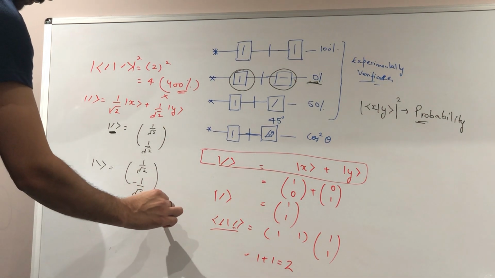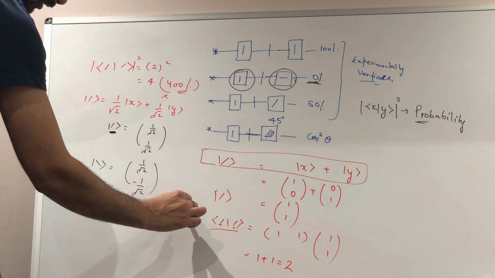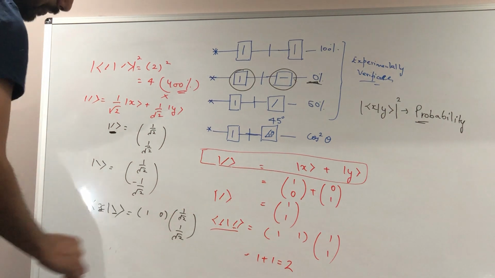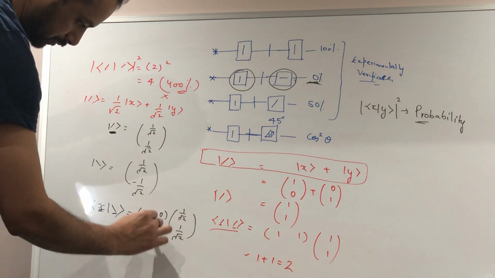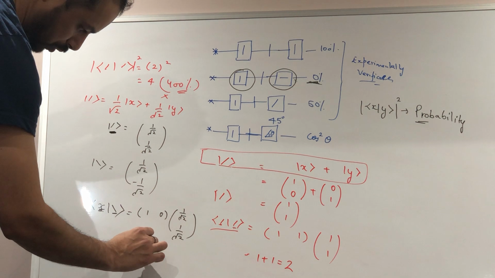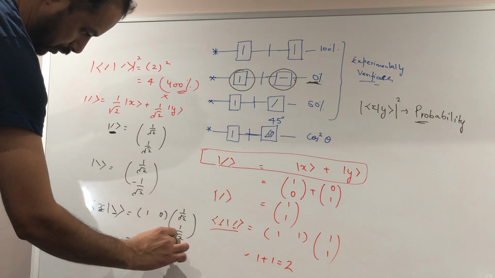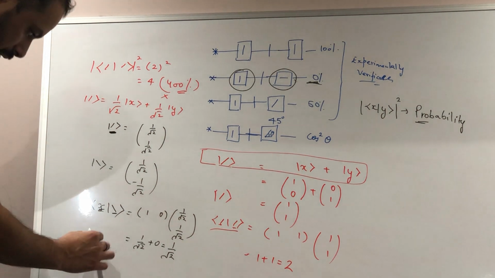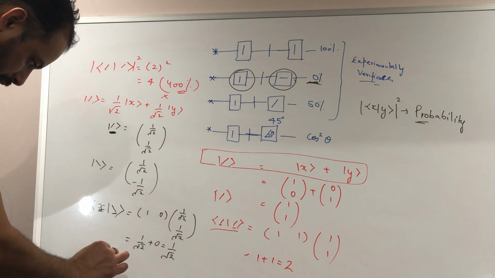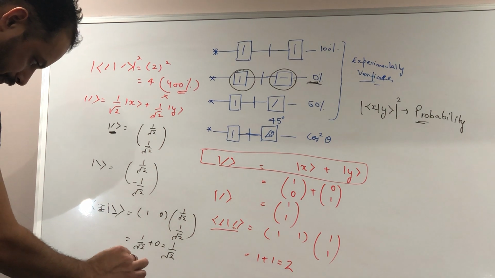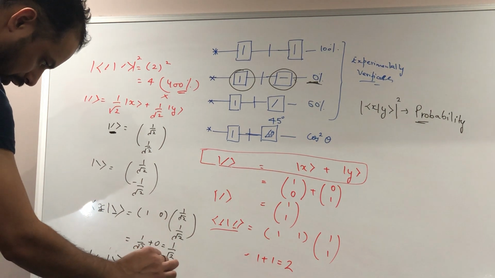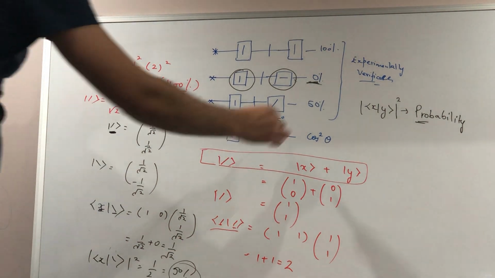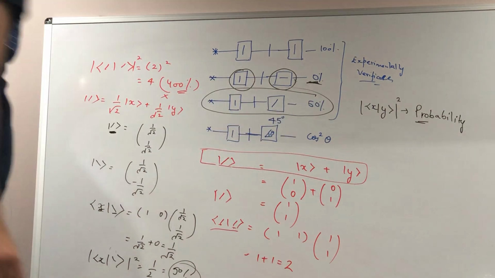I write 1, 0 for the x, and 1 over root 2, 1 over root 2 for this. When you solve that, it's 1 upon root 2 plus 0, you get 1 over root 2, right? Now what is the probability of getting the output? I'll square that term, you will get 1 upon 2, that is 50% chances of getting the output. This is being explained by this.